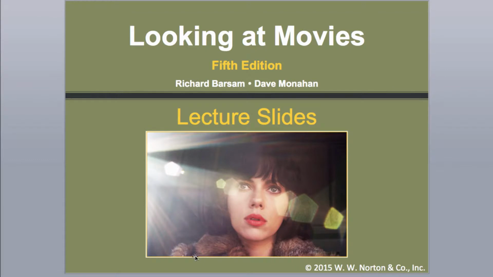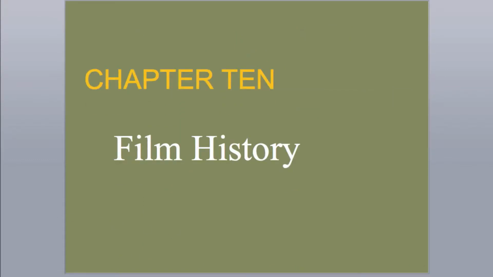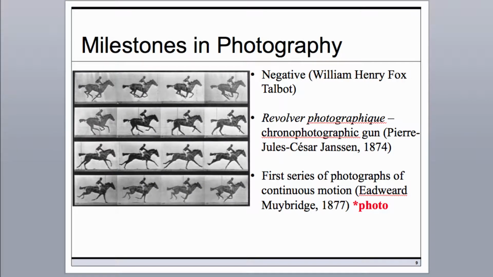Not moving yet as we know it, but still a series of shots that reflected an outcome of movement. Here's the one that we actually would look at as the most significant for this course, a milestone in photography where the wager was that a horse, when galloping, will at some point have all four legs off the ground, hooves off the ground, and how that would be.